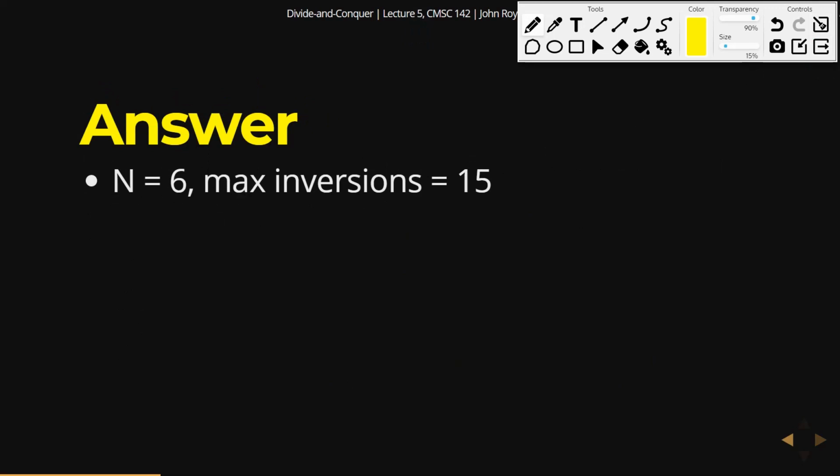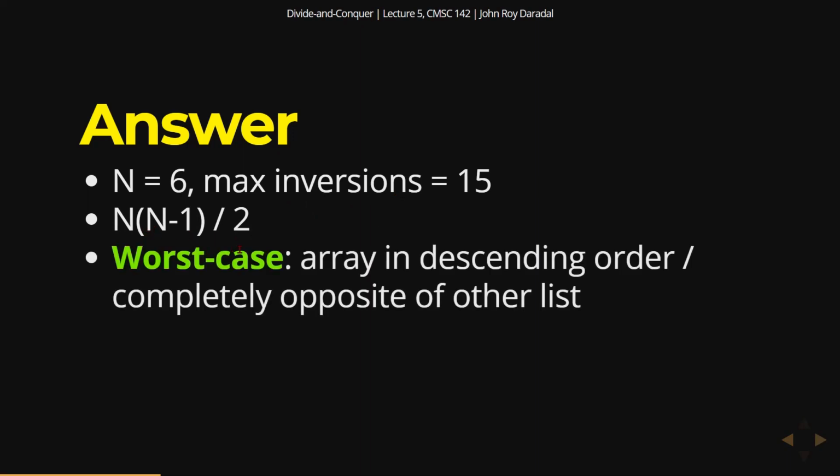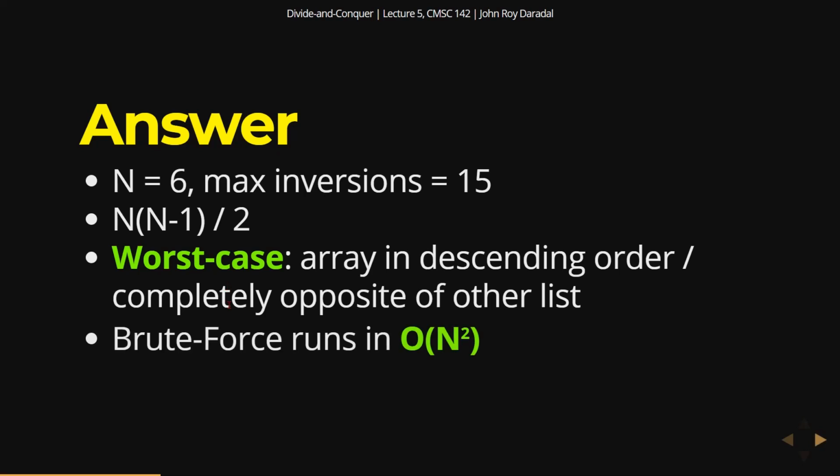This is just what I mentioned earlier: 15 using n times n minus 1 over 2. So in the worst case, you have the array in descending order, and everything is an inversion, right? So the brute force runs in O of n squared.